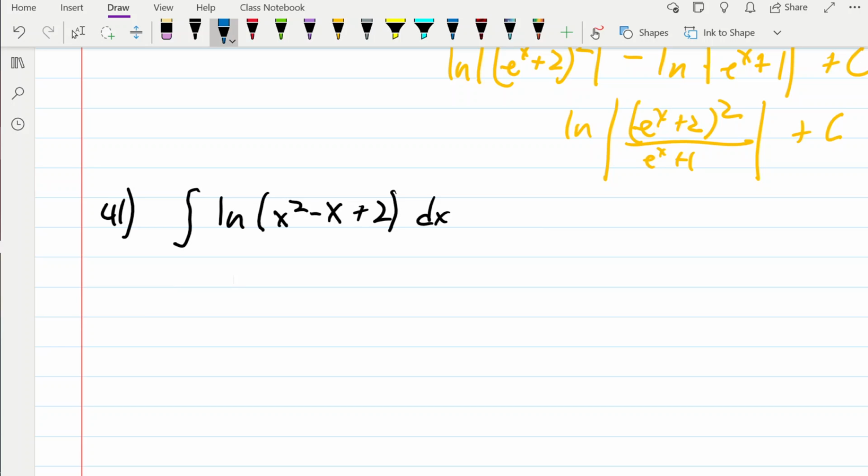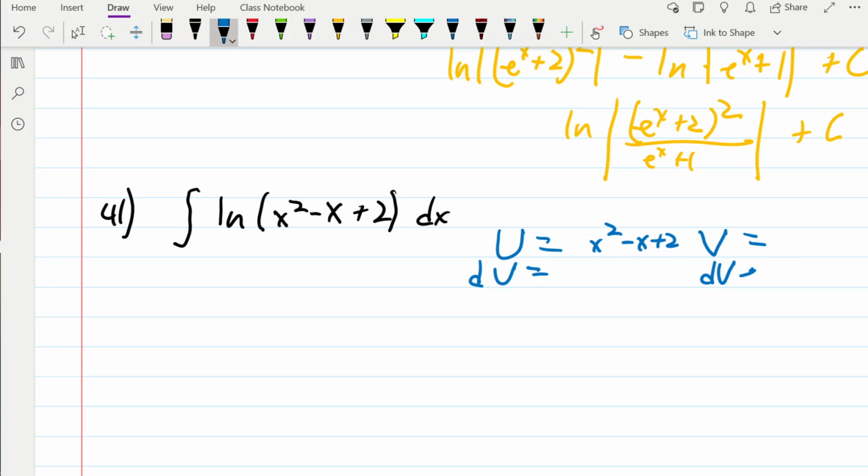Okay, so we're going to have to do integration by parts here. Well, I mean, it did say to use integration by parts, but it looks like a lot. So I guess we can set u equal to x squared minus x plus 2.